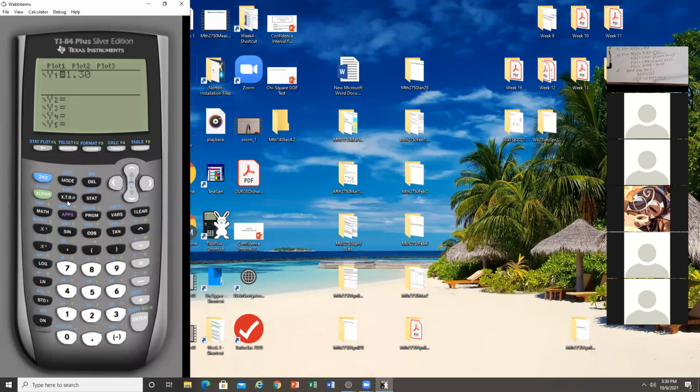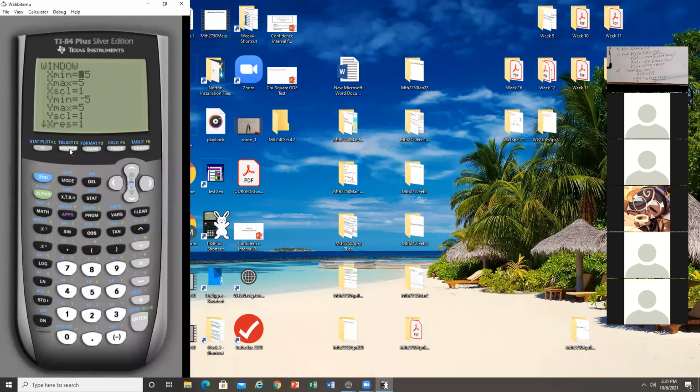For y2, I want you to type in your cost function, 0.40x plus your fixed cost of $5,625. Now we're going to graph both these functions and look for that point of intersection, because that point of intersection means the left side of this equation is equal to the right side for some particular x value. That is called the break-even point that we're searching for.